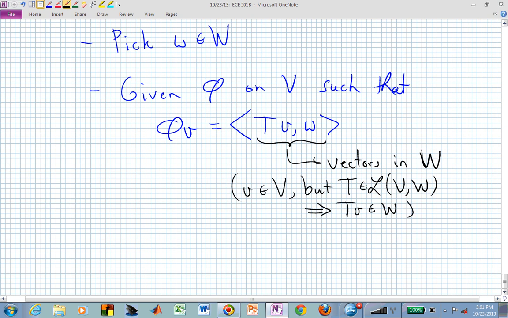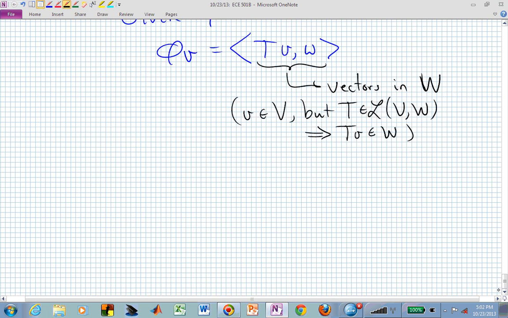So now what we want to do is create this T dagger operating on W. And remember what T dagger did.